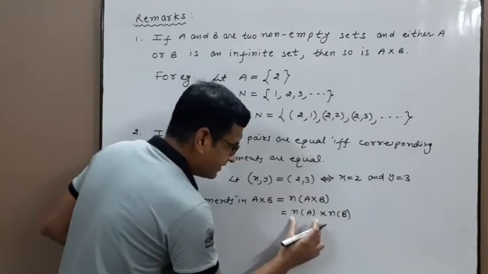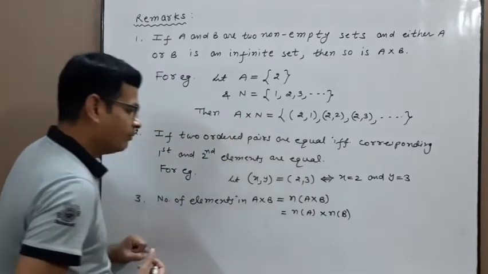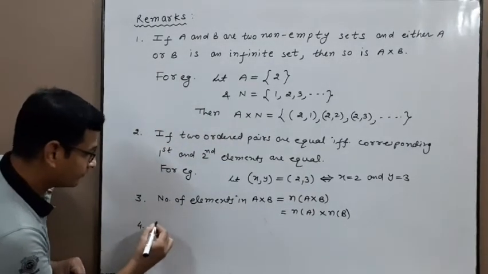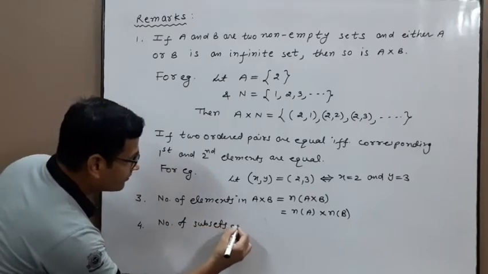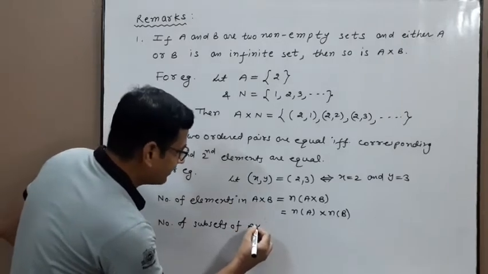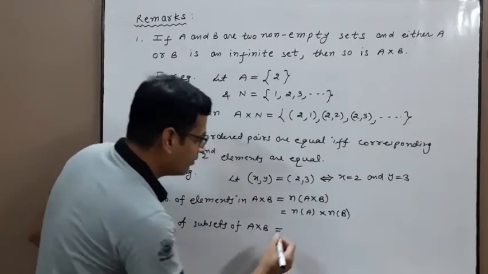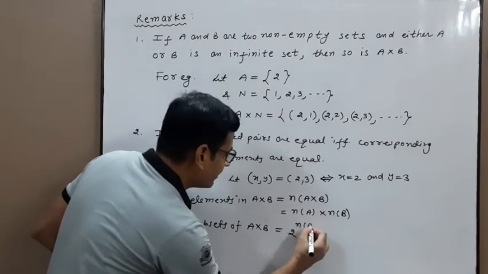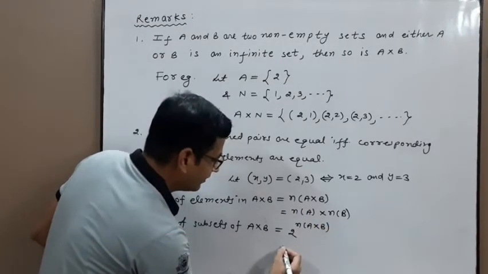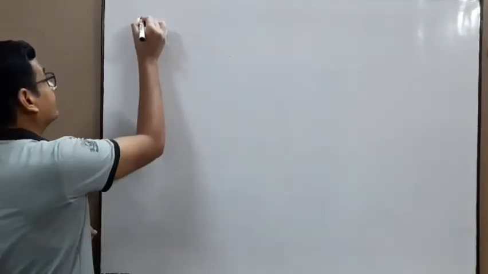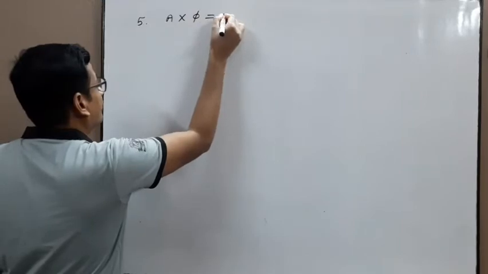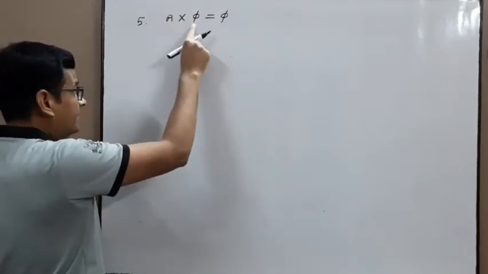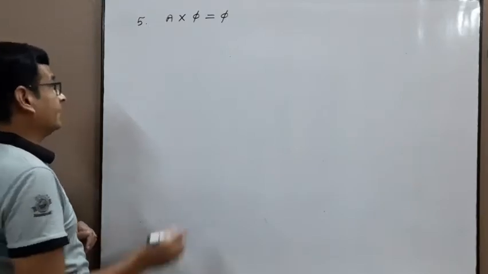Simply, the number of elements in A into the number of elements in B. Fourth, the number of subsets of A cross B is equal to 2 raised to the power number of elements in A cross B. Next remark: A cross phi is equal to phi. If one of the sets is empty, then the Cartesian product is also empty.